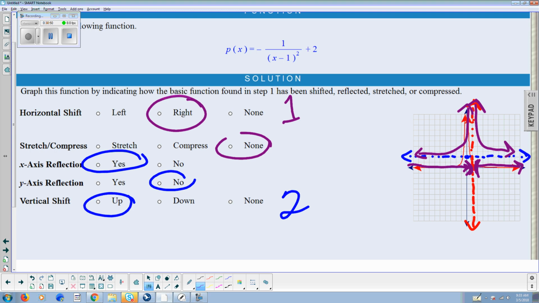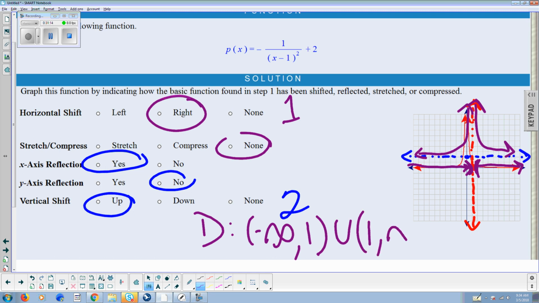So my domain would be from negative infinity up to, where was that jump occurring? At 1 on the x-axis. Curvy bracket because it's an asymptote. It doesn't actually hit it. Union with, start back after 1 and go to positive infinity. There's your domain.